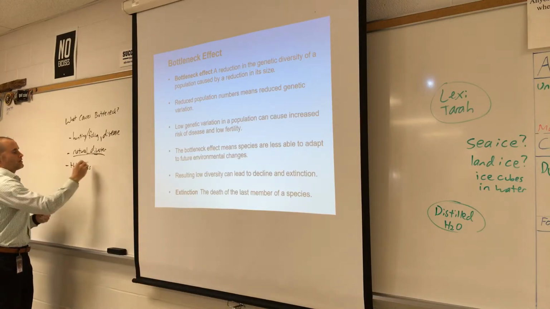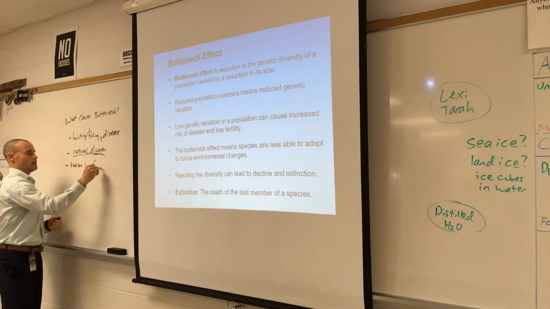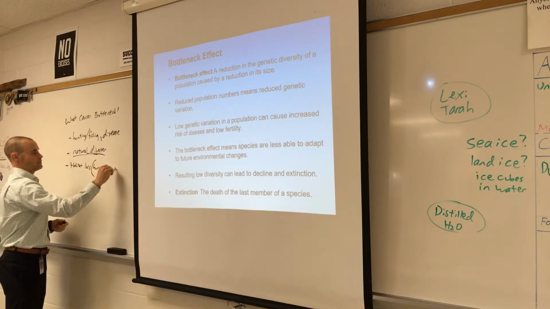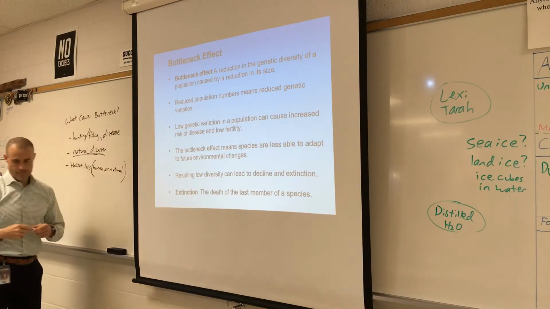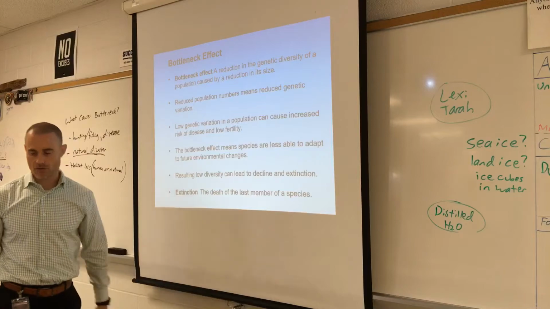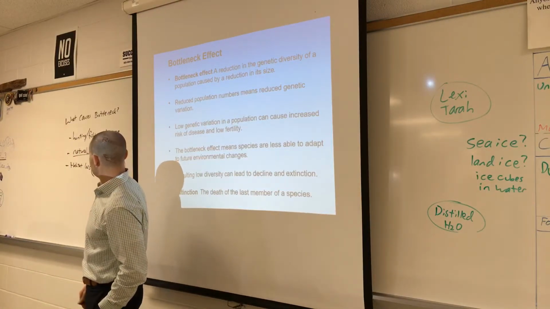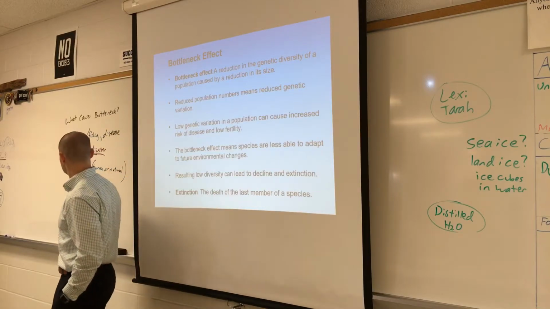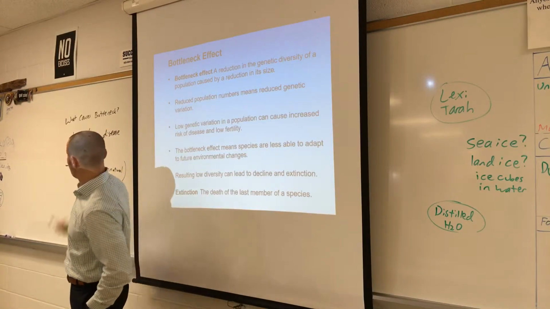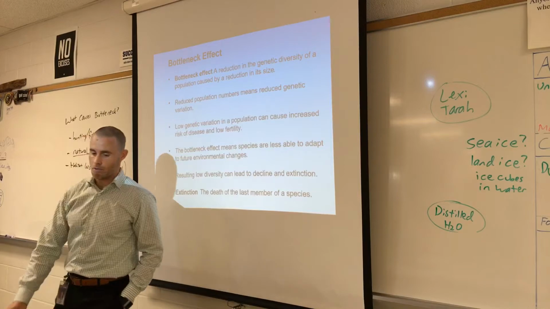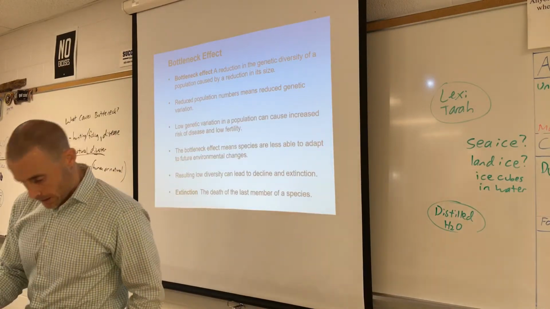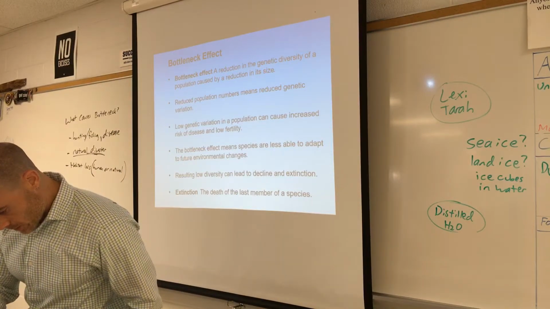So habitat loss, most likely it's human, but it could be natural. Again, habitat loss is just the general term, but those other things, disease, natural disaster, hunting, fishing, some of those go under that category.